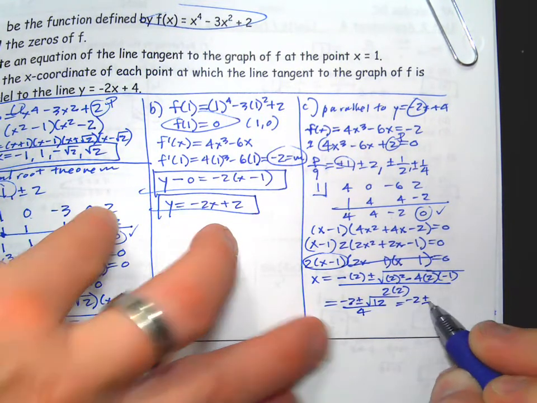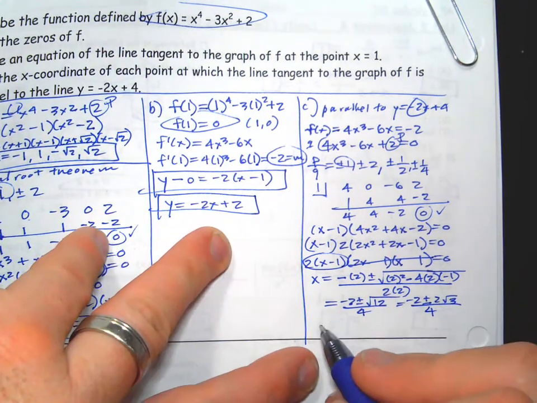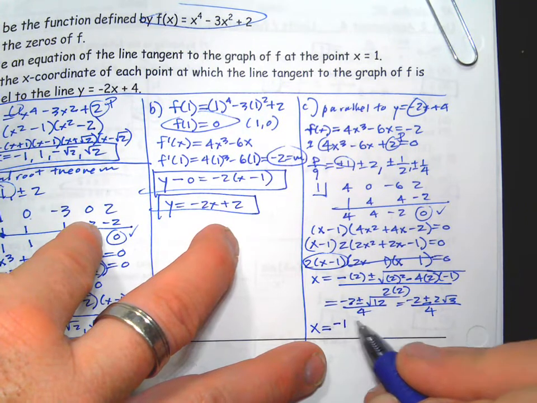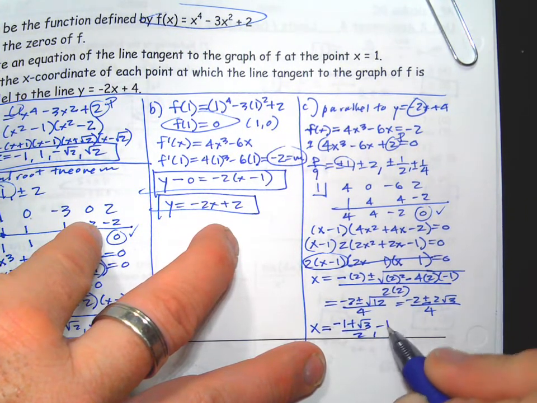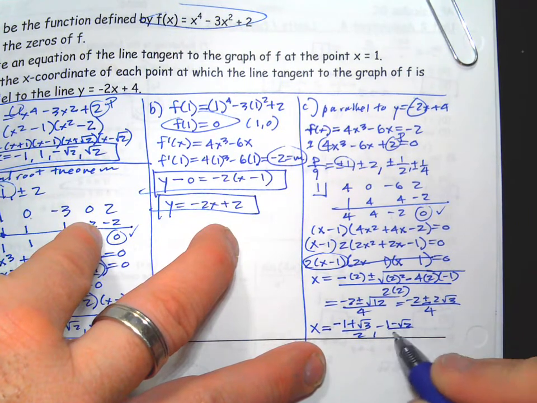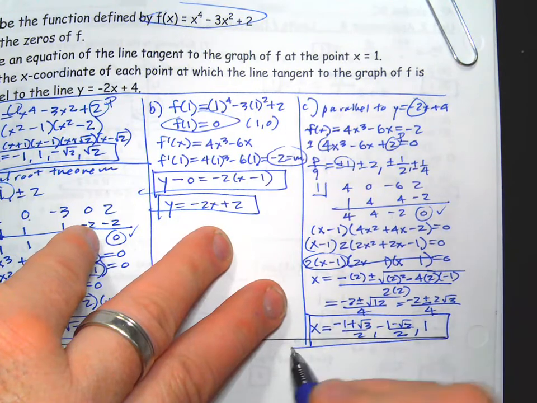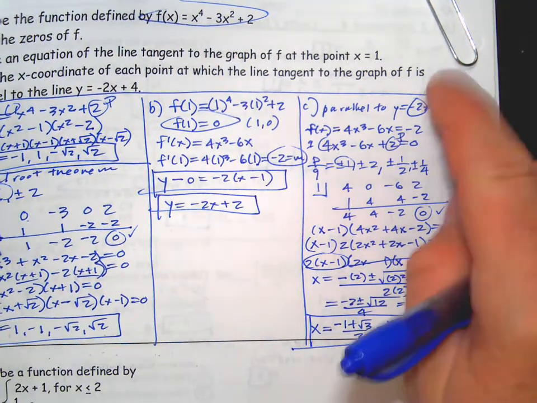To get the square root of 4 out of that, 3 is left over. So we're going to get negative 1 plus root 3 over 2, negative 1 minus root 3 over 2, and don't forget positive 1. Those are the x locations where the tangent line to our curve is parallel to that line.